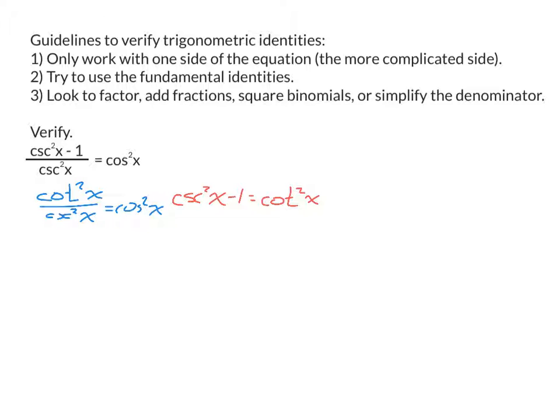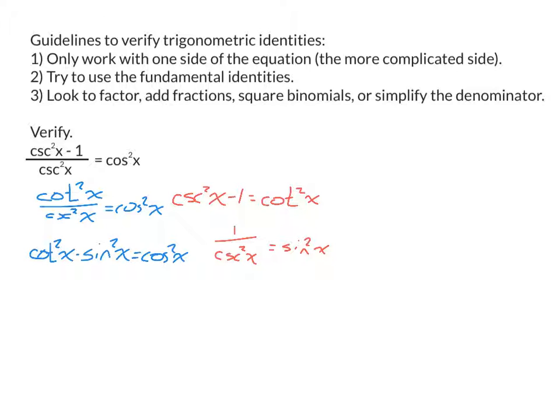Now cosecant is the reciprocal of sine, so we should be able to turn this cotangent squared of x into cotangent squared of x times sine squared of x, still equal to cosine squared. That is because 1 over cosecant squared of x is equal to sine squared of x. They're reciprocals.